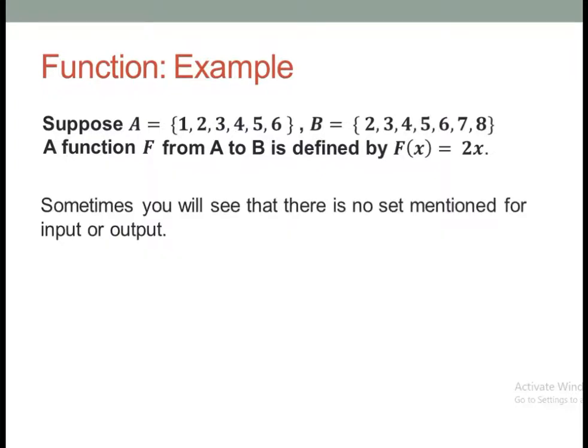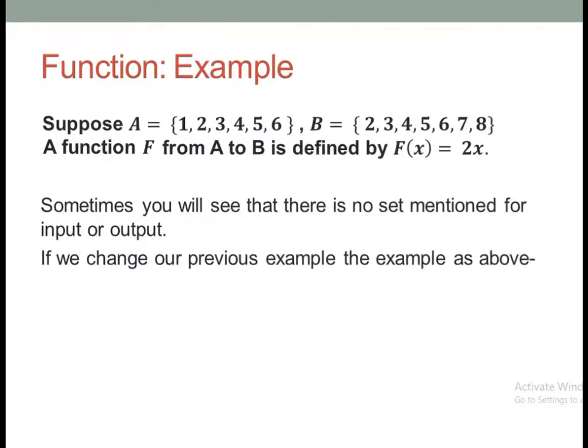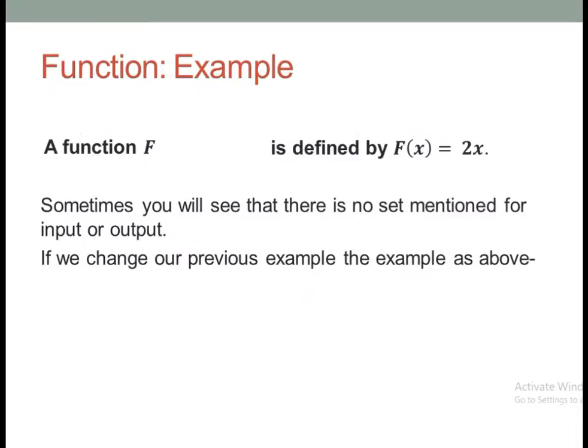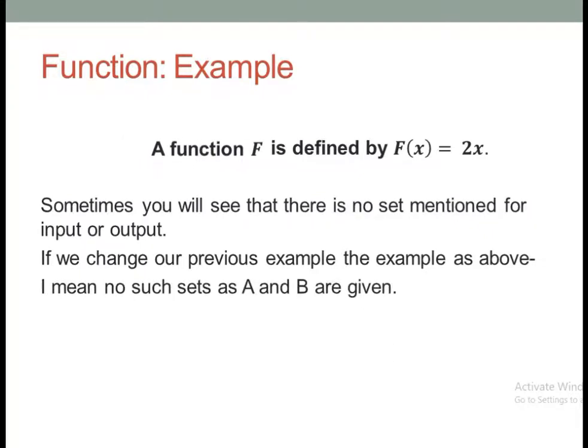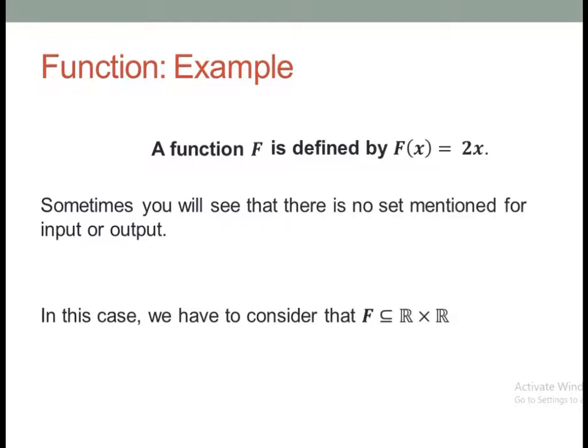Sometimes you will see that there is no set mentioned for input or output like A and B. If we change our previous example as above, I mean there is no such sets as A and B, then what happens? In this case, we have to consider that f is a relation from real number to real number.